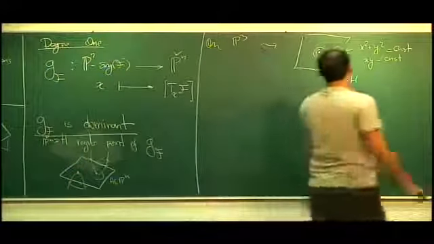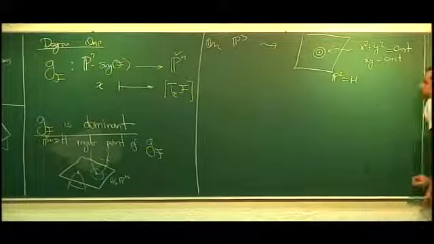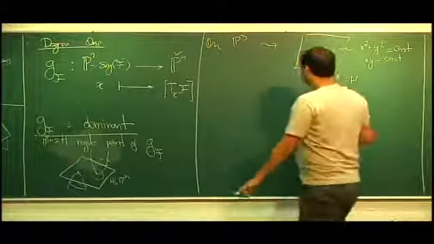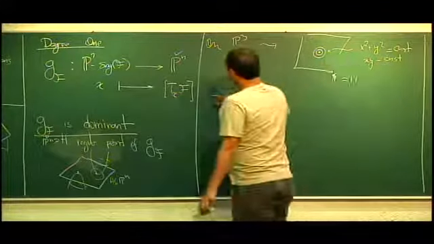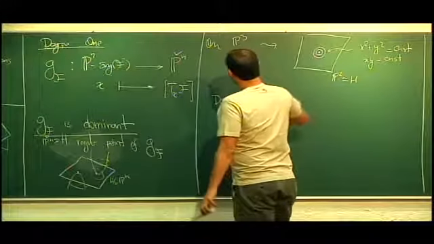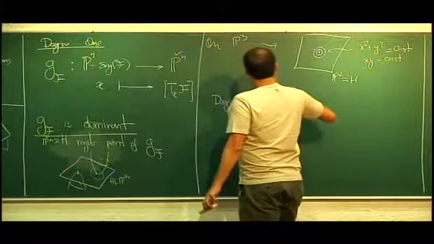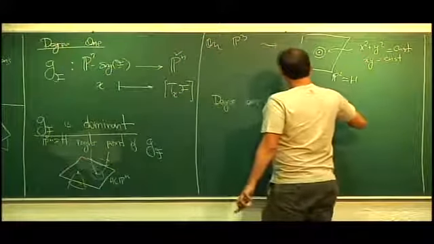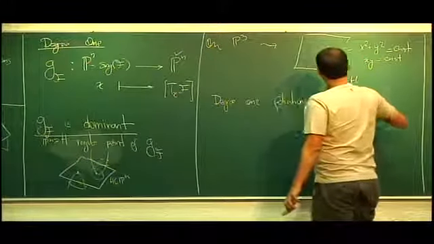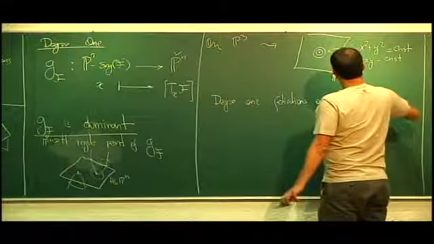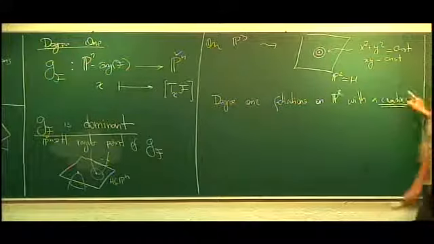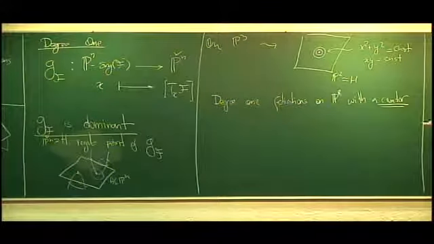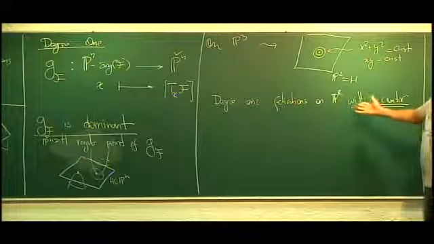So on P3, this will give this, and then in this case, we are led to consider degree 1 foliations on P2 with a center. Well, for me, a center will always be a non-degenerate singularity which has a local first integral of this kind. But this is a simple exercise.